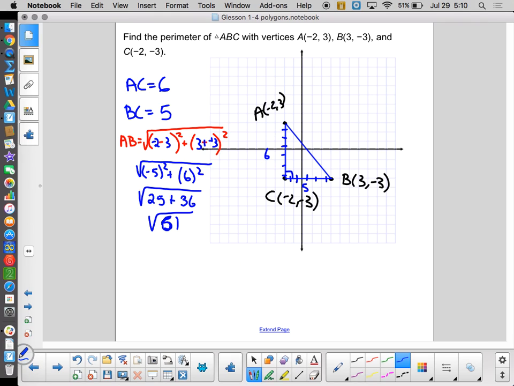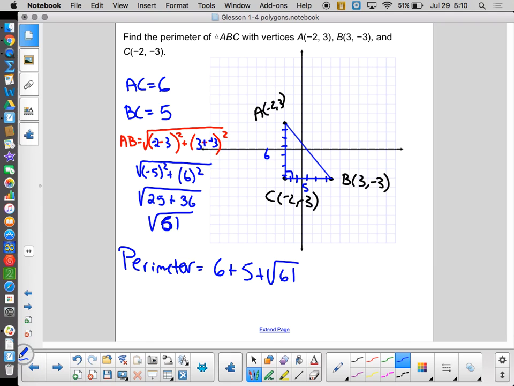Momentary lapse of brain power. And so my perimeter winds up being 6 plus 5 plus the square root of 61. And again, this is probably a place where we're probably going to decimally approximate that. Fortunately, today I did remember to bring a calculator with me. Hopefully it works.